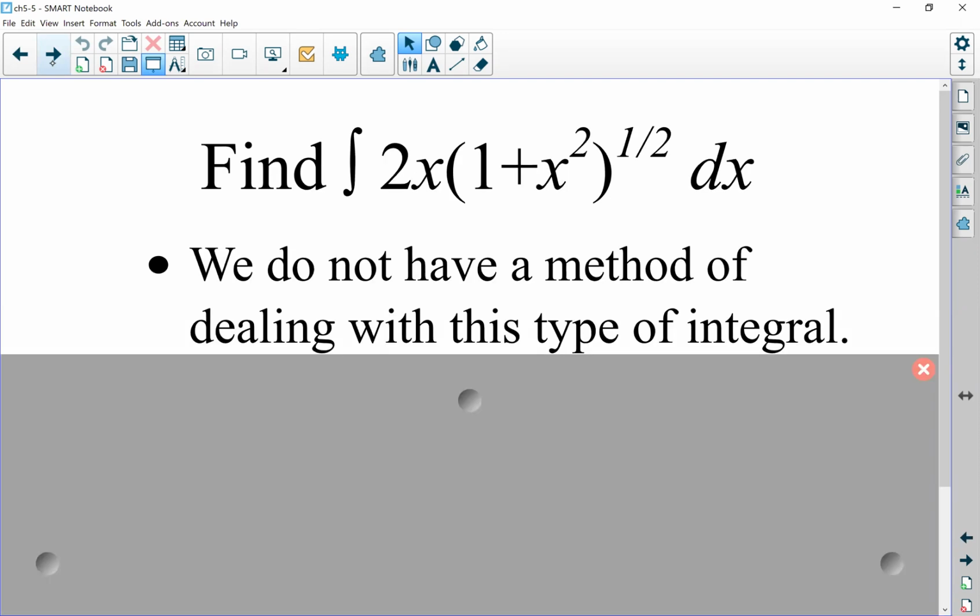So if we had a function like 2x times the square root of 1 plus x squared, up until this point, we'd be stuck.